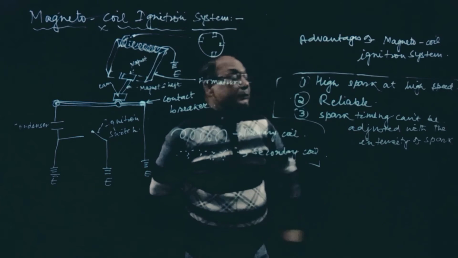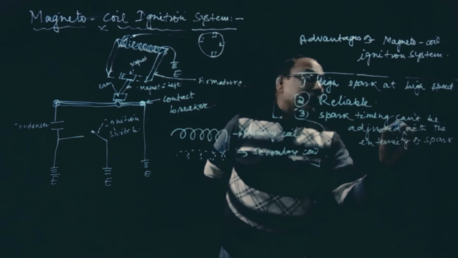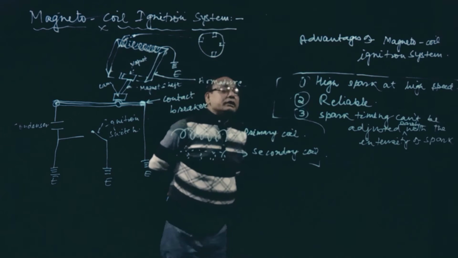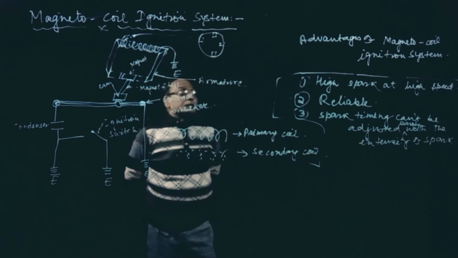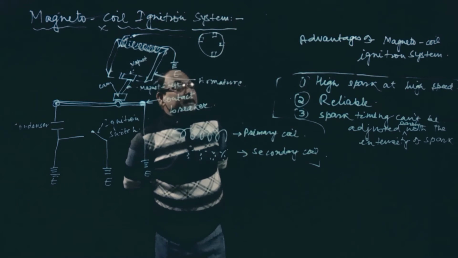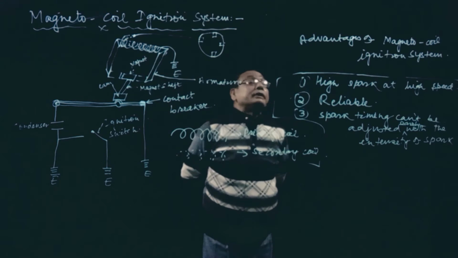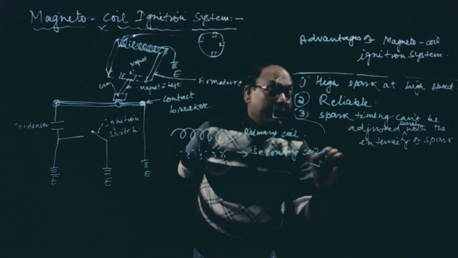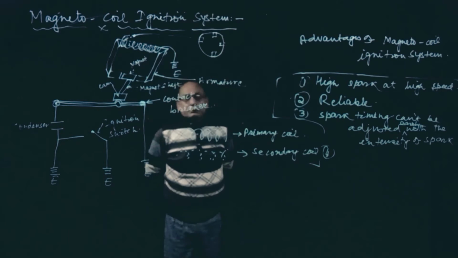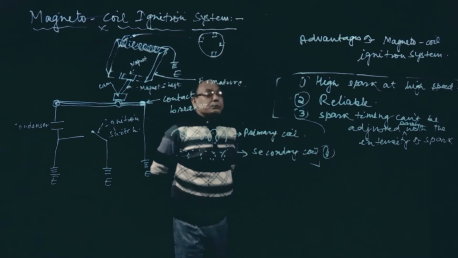There we were able to adjust easily, but here it is not easy. Spark timing is fixed. So when the intensity of spark increases, spark timing cannot be controlled easily. That is another characteristic of this magneto coil ignition system. See, high spark at high speed. This system is reliable. Spark timing can be adjusted.